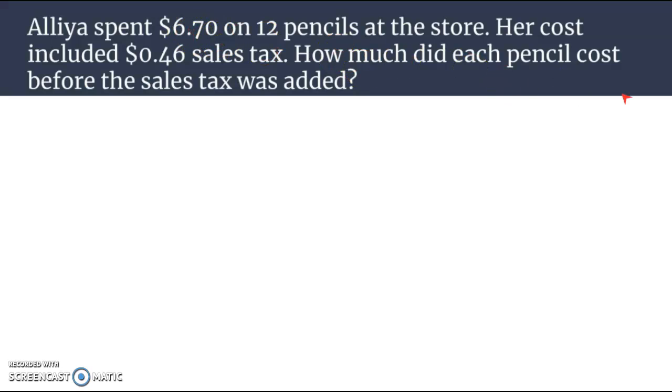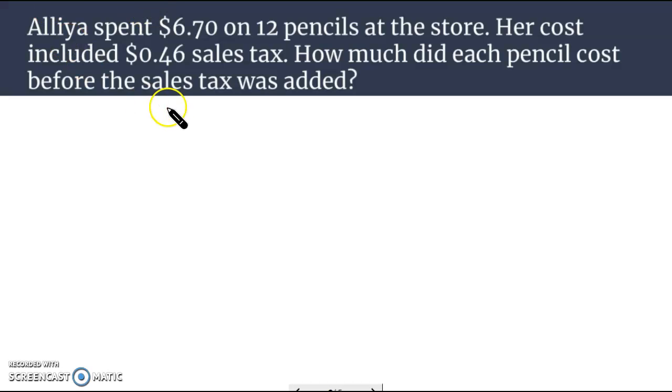Aaliyah spent $6.70 on 12 pencils at the store. Her cost included 46 cents sales tax. How much did each pencil cost before the sales tax was added? Okay, a couple things we're going to do here.